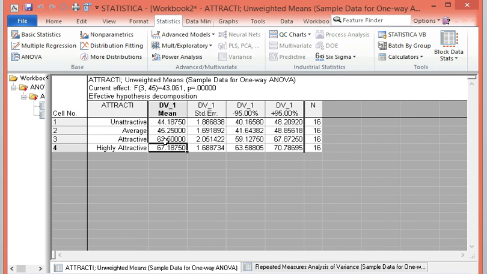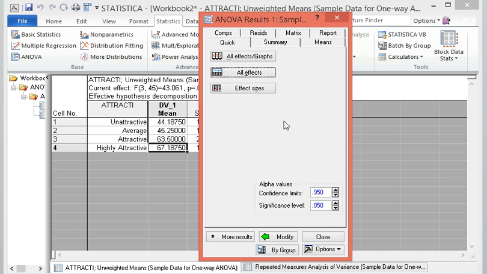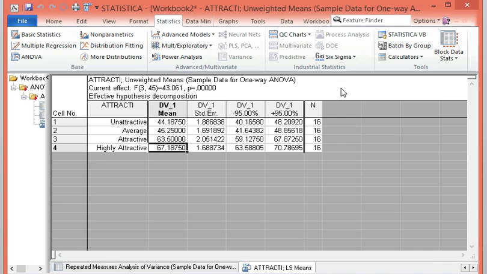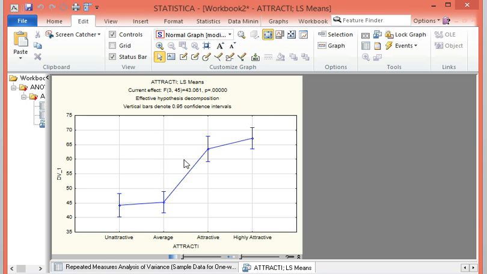Now the next question, well, before that, perhaps you'd like to see in a more visual way. So let's return to our box. You can click on all effects, graphs, and then simply click OK, and it will show you the graph. So these represent the average ratings for social desirability for those who are unattractive, average attractiveness, attractive, and highly attractive.